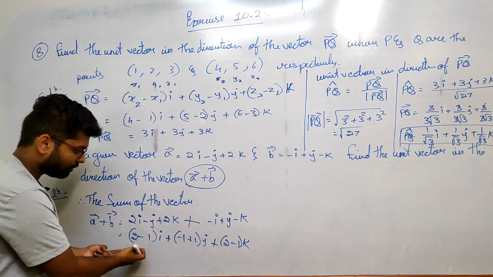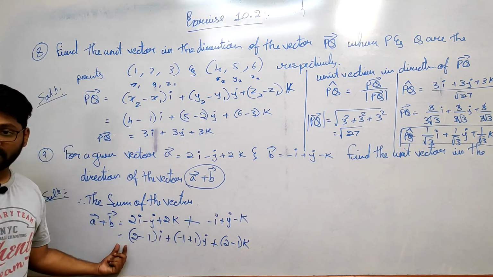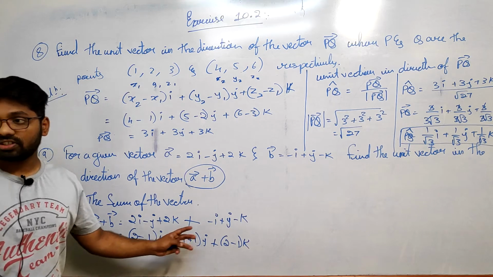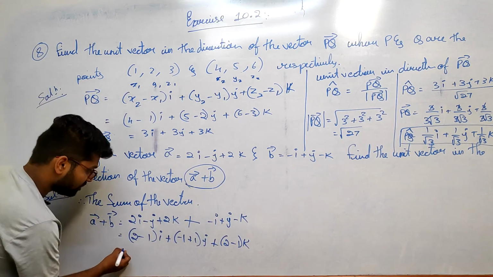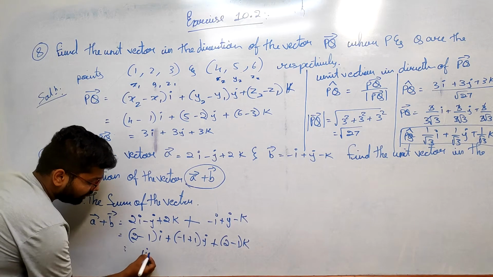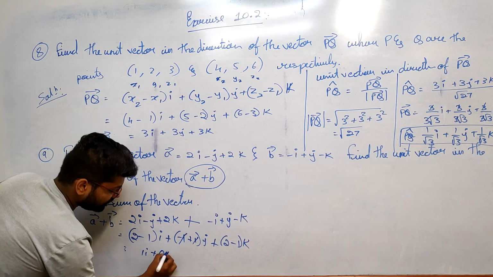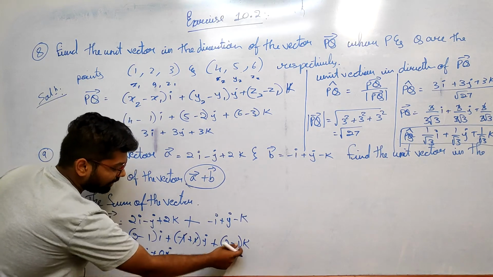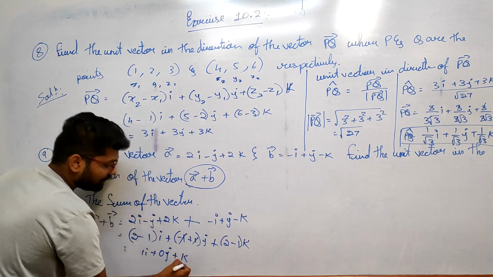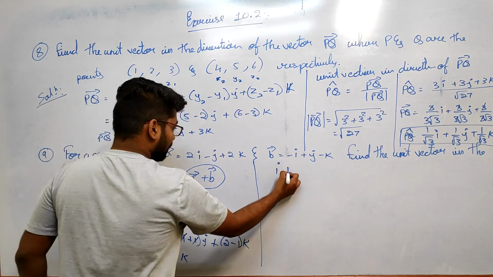I have added i components to i components, j components to j components and k components to k components. Now 2 minus 1 is 1, so it is 1i, plus 0j, plus 2 minus 1 is 1k. So whatever you get from the addition is i plus k.